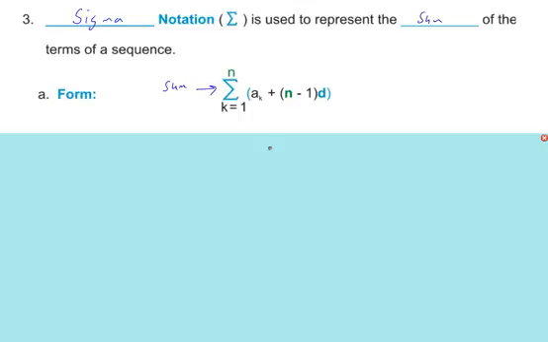Now you have to know all the other things. This is the first value. This is the last term, which tells you how many you're going through. Like we just did 125 terms, so n would be 125.